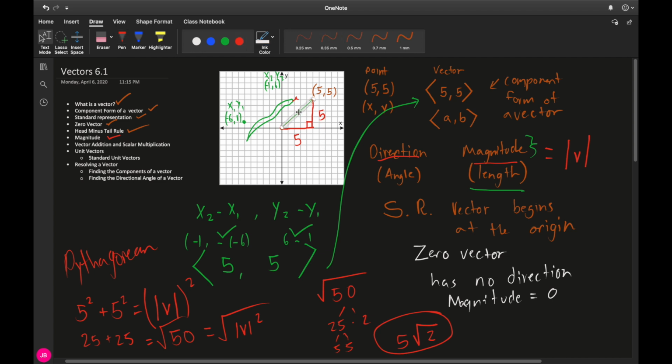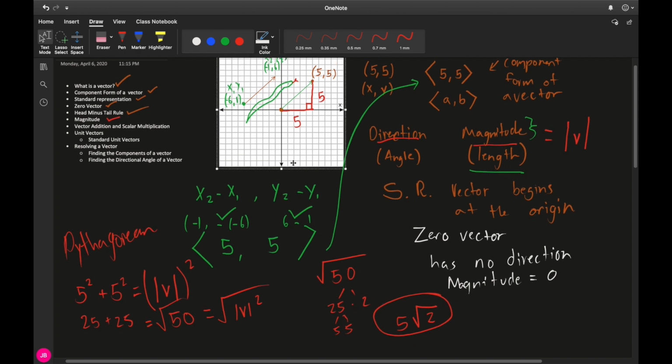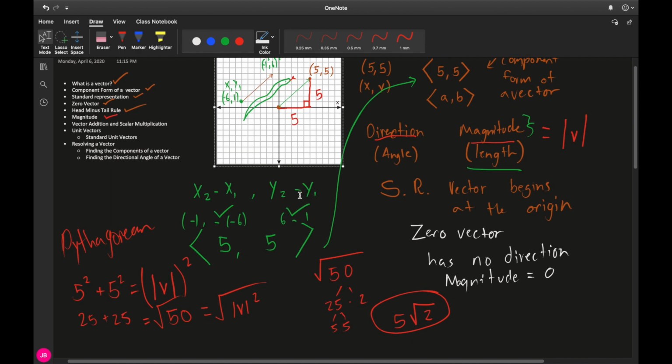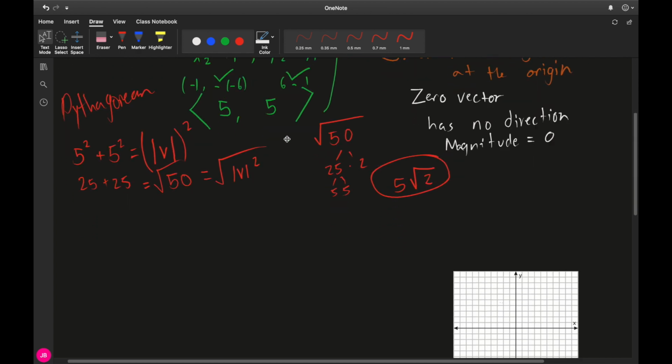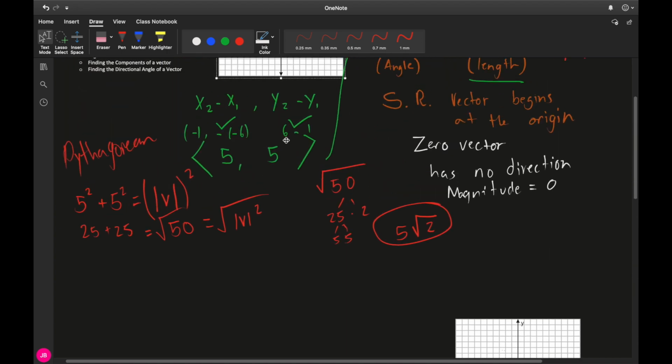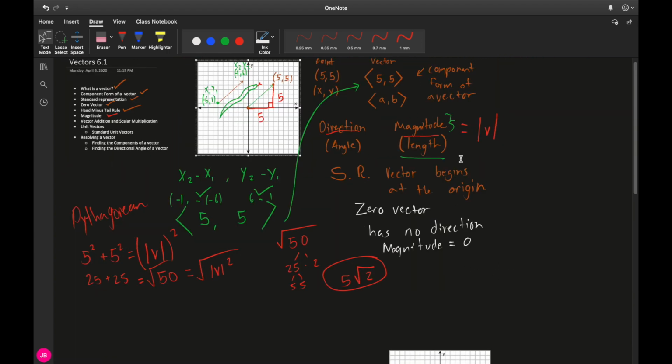Let's pretend for a second that this vector is still back here. And let's also say that we can't move this vector and get its component form. There's actually a formula that we can use for magnitude. And the formula is this.